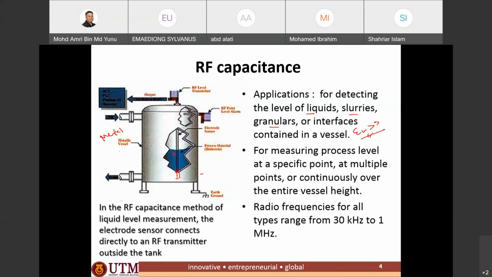It can be used for a specific point, but usually it is used for continuous level measurement, and the frequency range used to transmit the output is 30 kilohertz to 1 megahertz.